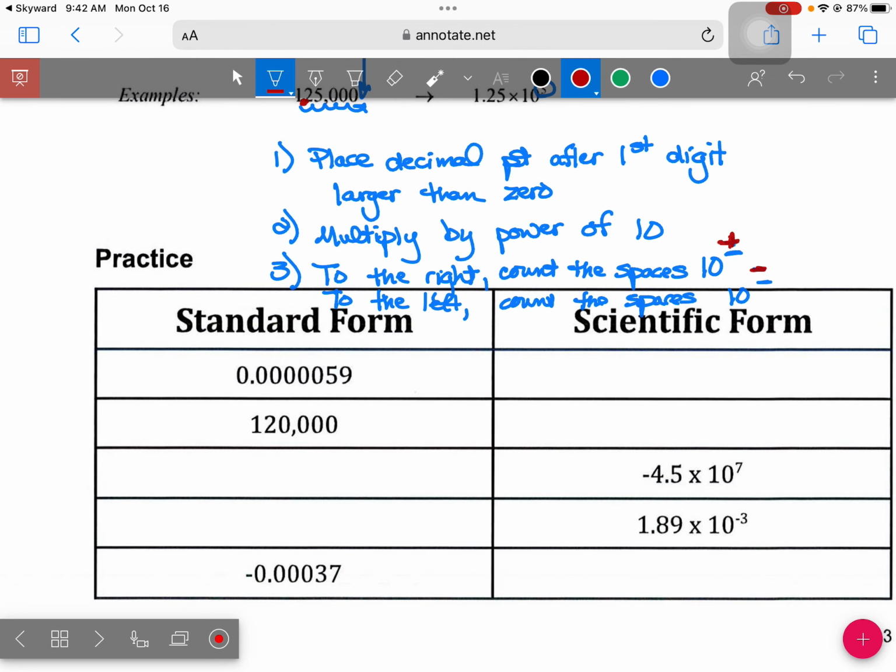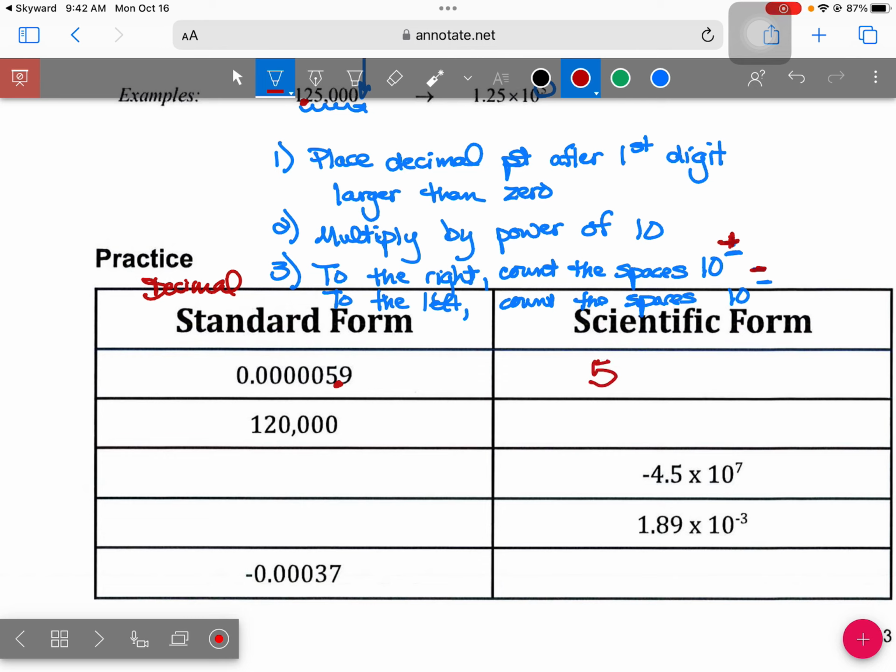All right, so let's see if we can do a couple of these together, okay? This is what we call standard form or decimal form, as they said up above. This is a very small number. I want to put it in scientific notation. I am going to write it down and put my decimal point right after the first number.